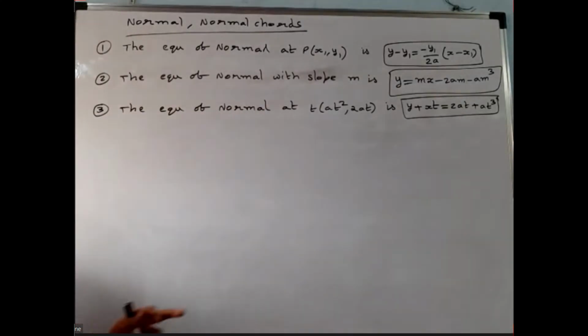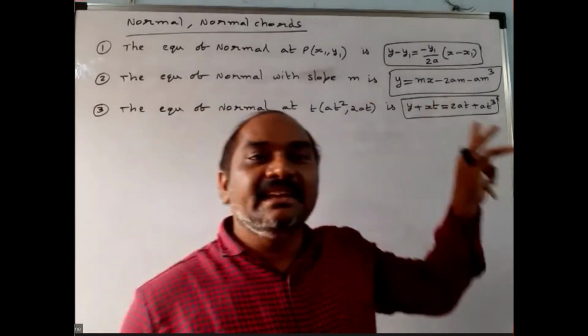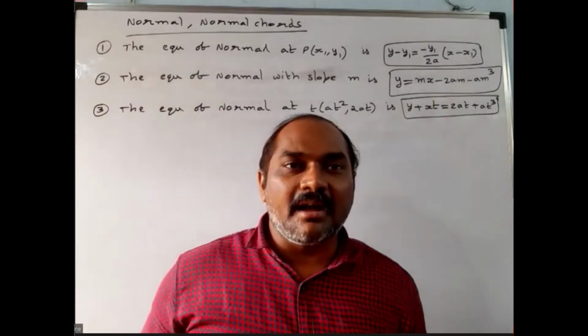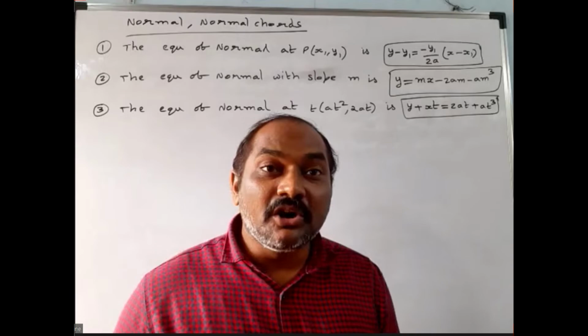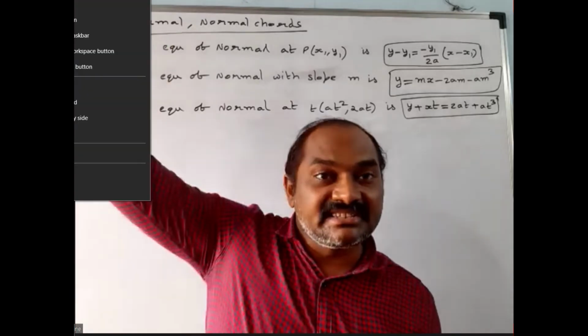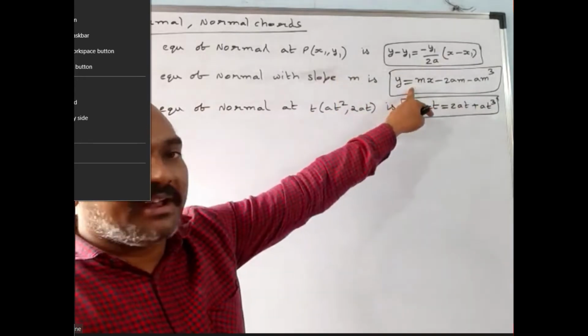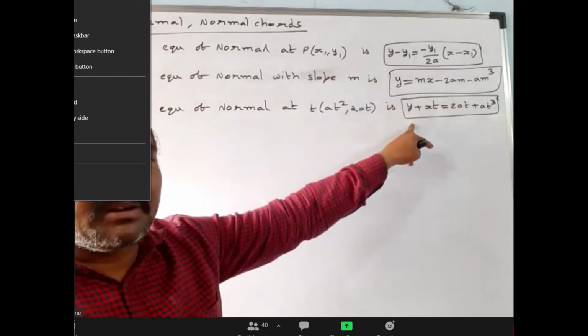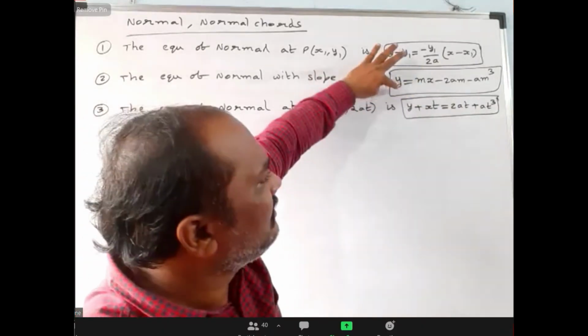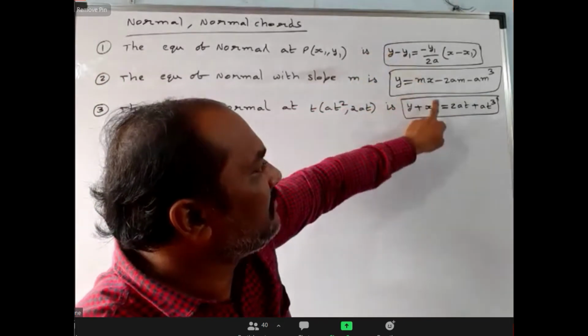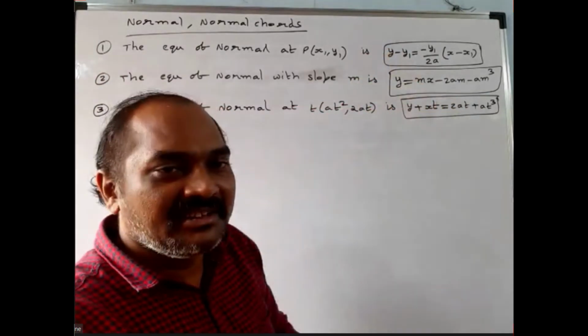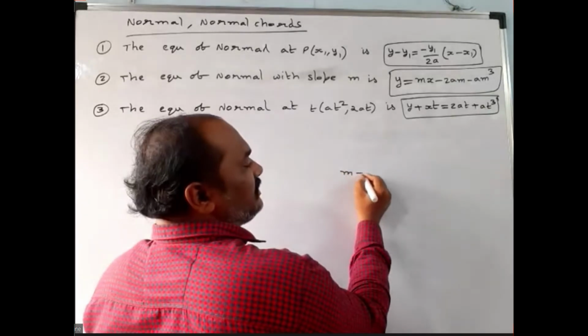The equation of normal at the point (at square, 2at): when the point is given, this one. When slope m is given, this one. Parametric, this one. The three are identical. Why? If m is equal to minus t, same thing. Substitute m is equal to minus t.